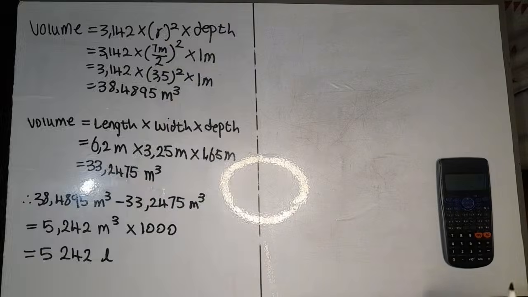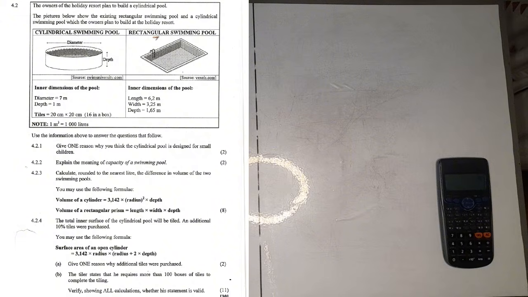So this means that we have to calculate the number of tiles that are going to be needed in order to cover the surface area of the cylindrical swimming pool. So that means that we are going to start by doing what? We are going to start by calculating the surface area of an open cylinder using the formula given to us over there.